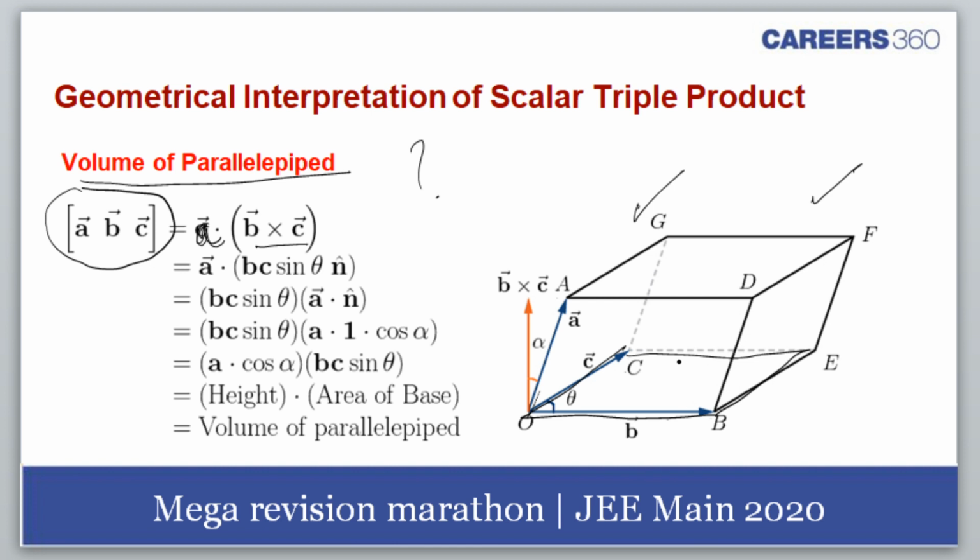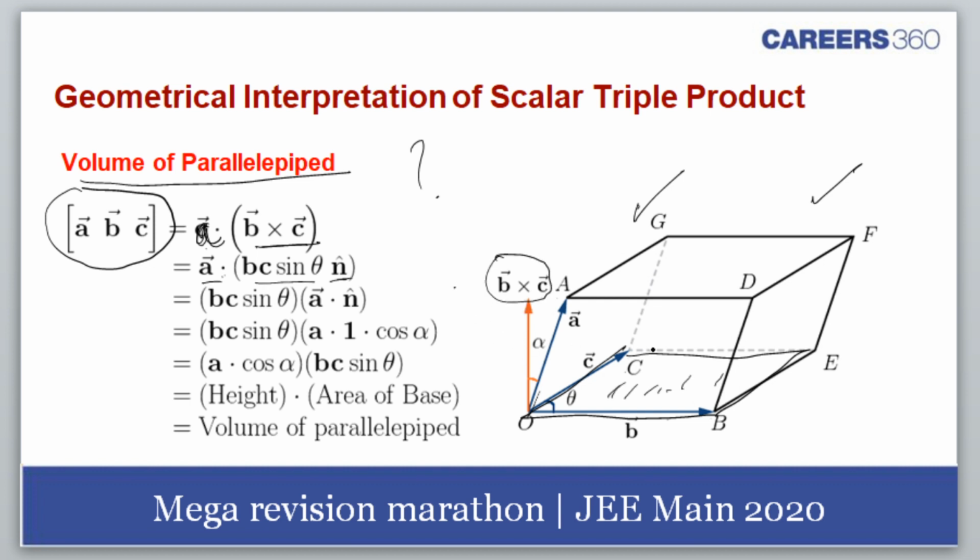That's a better example, a pack of cards pushed slightly. Thanks, Chinmay. So this is the area which we have calculated when we did B cross C. Then this is BC sine theta n cap. Now what I do, A vector has to be taken the dot product with n vector. N vector is nothing but this vector, B cross C.